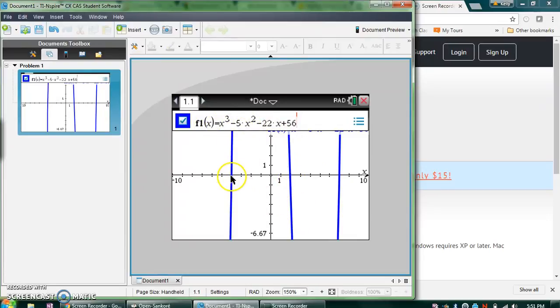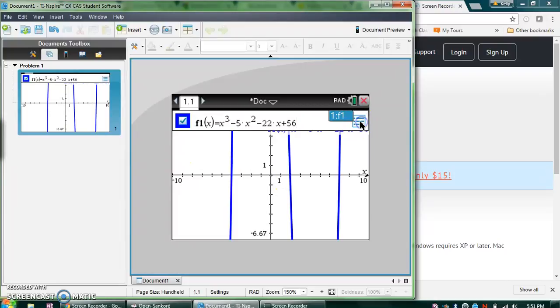You'll notice that it's crossing the x-axis in 3 different spots. Those are the zeros of your function. If you can't tell what they are, just graph and find one. I'm going to pick this one.